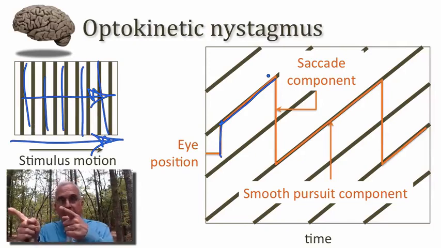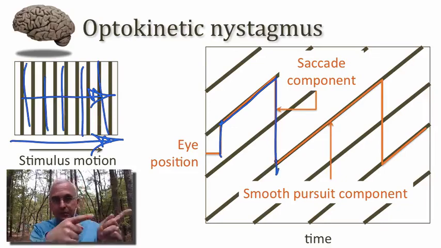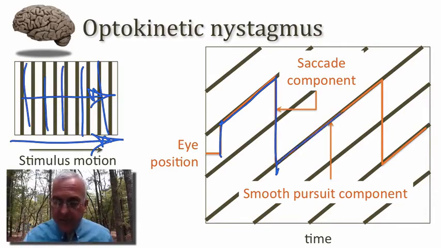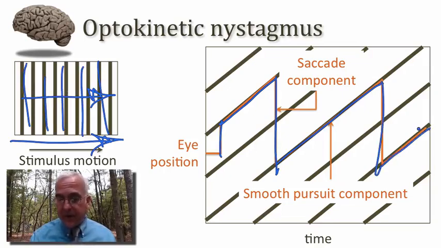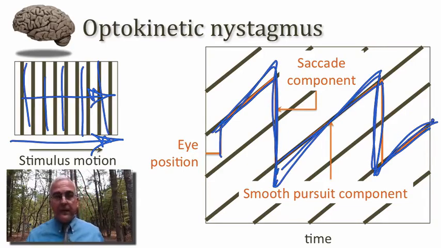But very quickly, our eyes reach the limit of excursion in the orbit, and it causes us to make a quick saccadic-like movement where we reset and acquire the next object that allows us to track using our smooth pursuit system. Again, our eyes reach the limit of their movement in the orbit, and we make another saccadic eye movement back. So this sawtooth pattern is very characteristic of optokinetic nystagmus.